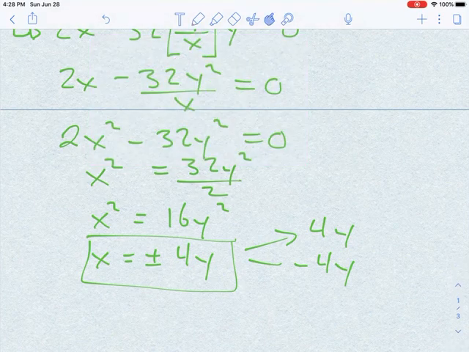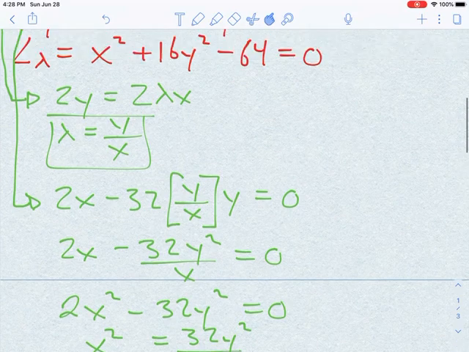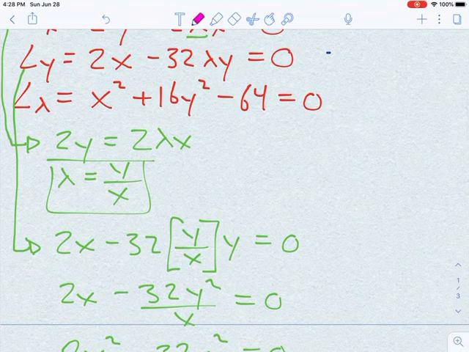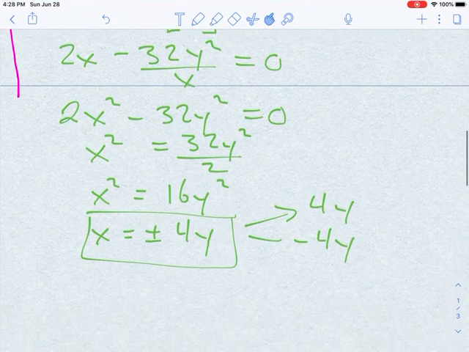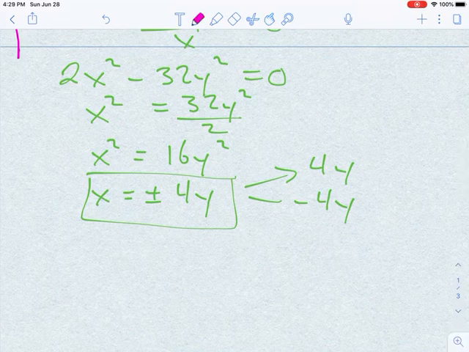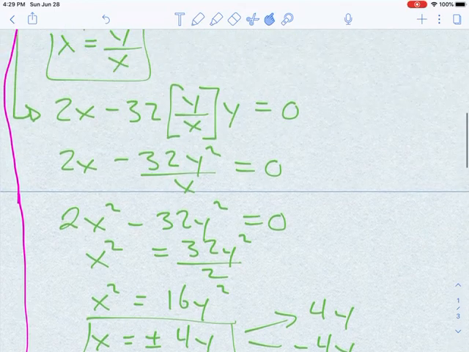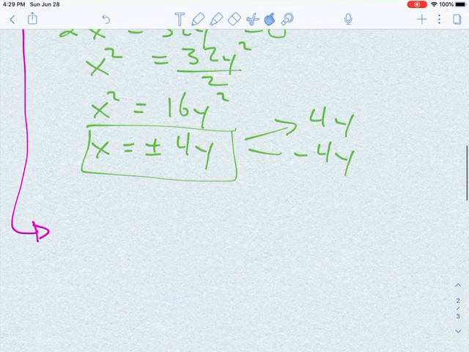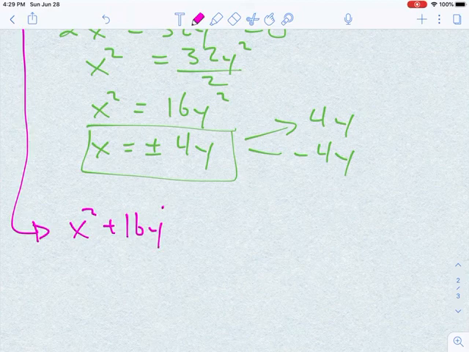So next, we have to go to the third partial derivative, and I'm going to bring that all the way down here: x² + 16y² minus 64 equals 0.